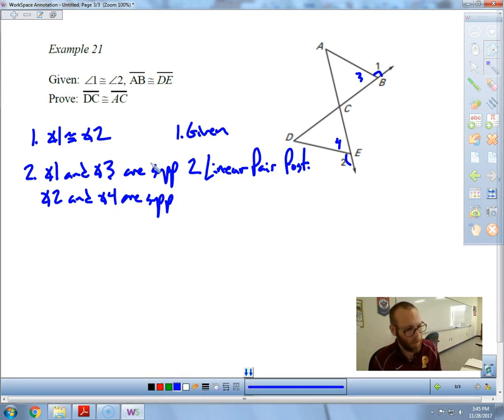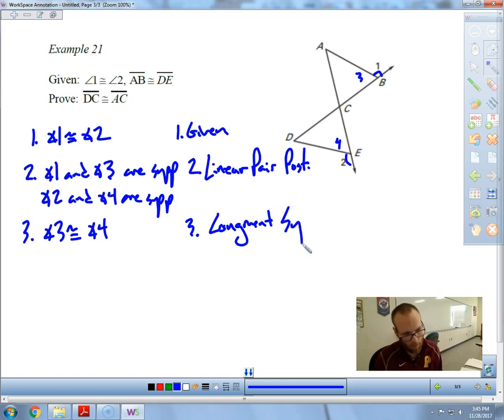Well, if 1 and 3 are supplementary, 2 and 4 are supplementary, 1 and 2 are congruent, that means 3 and 4 are congruent. You may recognize that as our congruent supplements theorem from earlier this year.